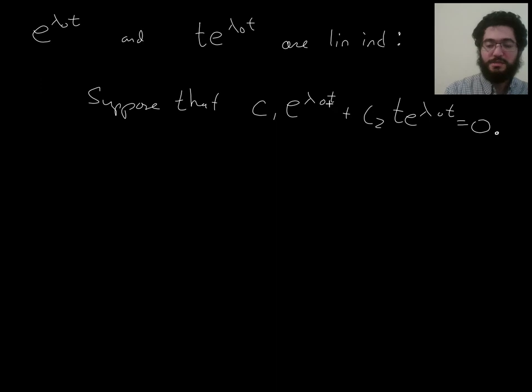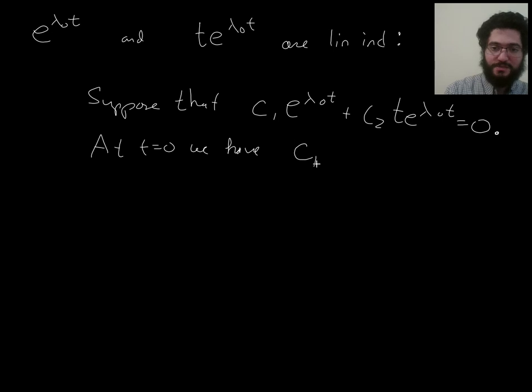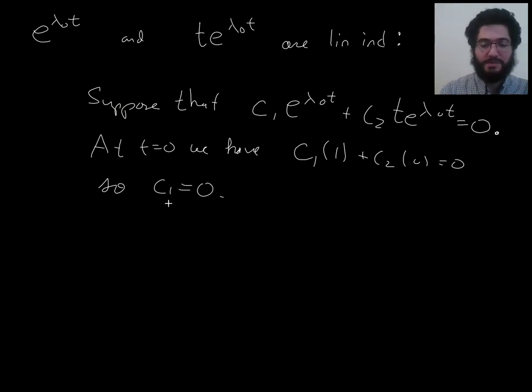I'm going to choose to plug in t equals 0. So at t equals 0, and I'm only choosing this because it gives me a nice simple equation, we have C1 times 1 plus C2 times 0, right? If you plug in 0 here, equals 0. So in other words, C1 equals 0.